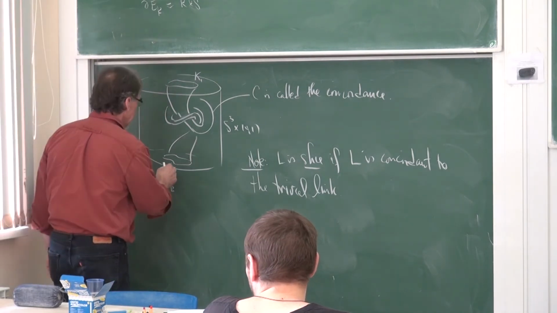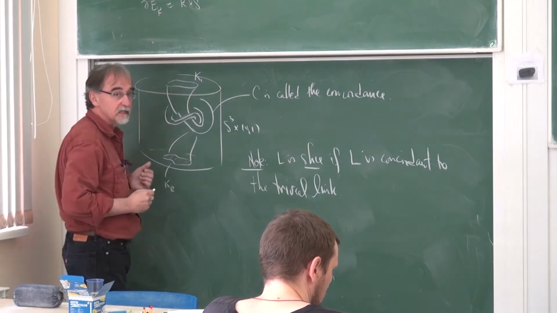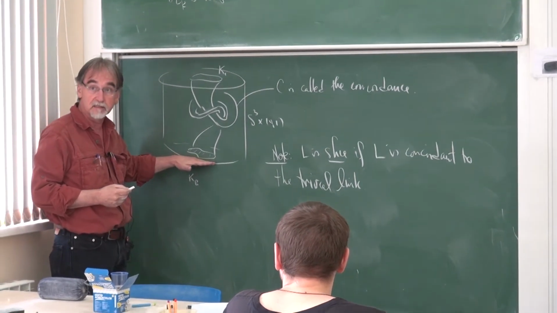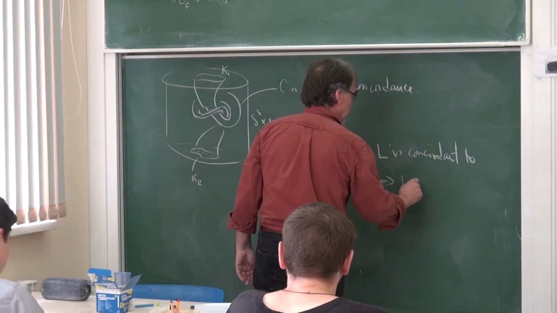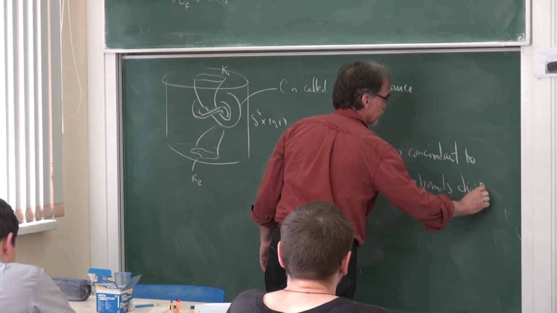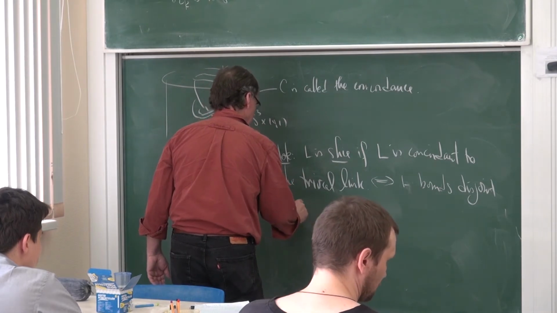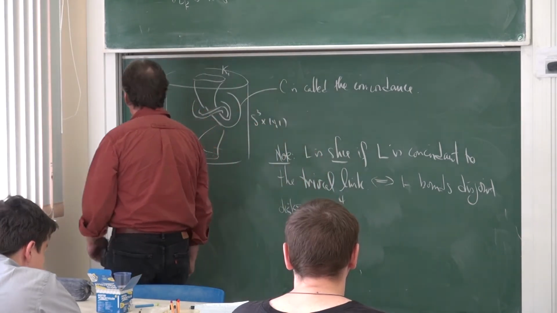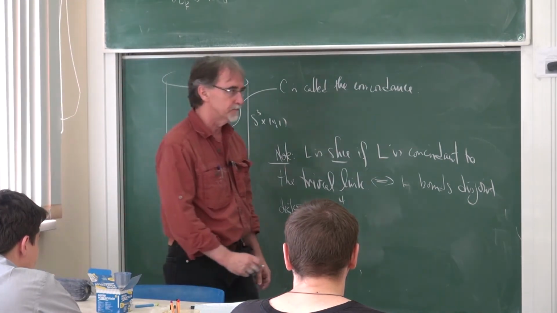And if that's the case, then I can take that trivial knot and make it bound a disk, and so the net effect is that the knot itself will bound a disk in D4. So this is the same as L bounding disjoint disks in D4. So to be slice, to be concordant to the trivial link, is the same as saying that the components bound disjoint disks in the 4-ball.